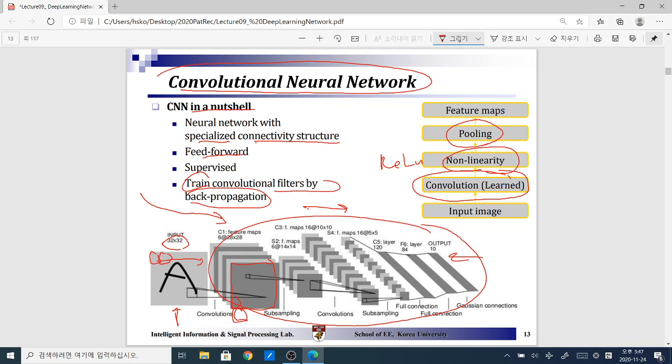Each of these masks, or filters, has its receptive field, and that receptive field moves from left to right until it finishes at the bottom right.